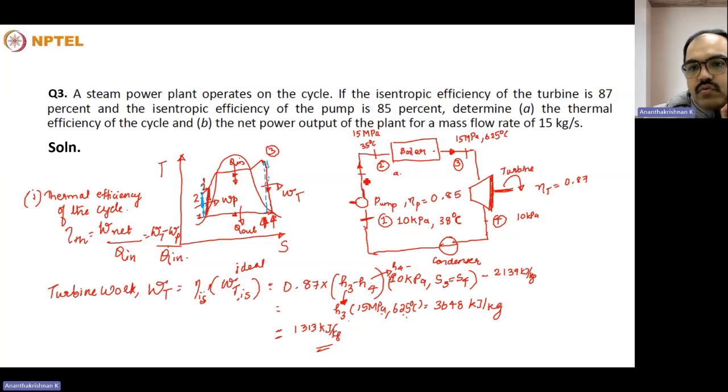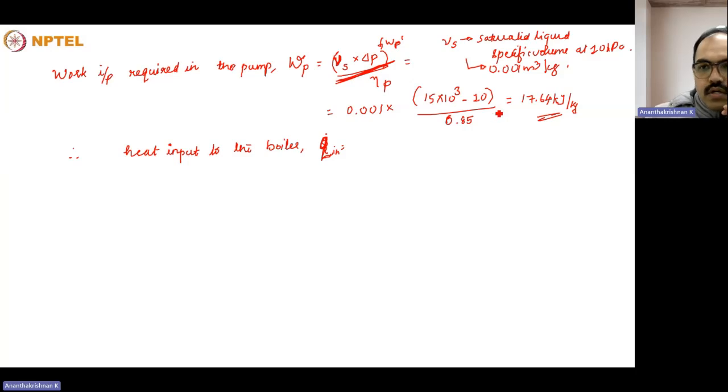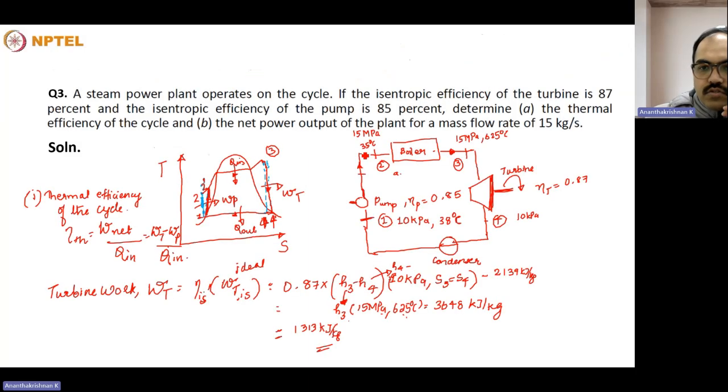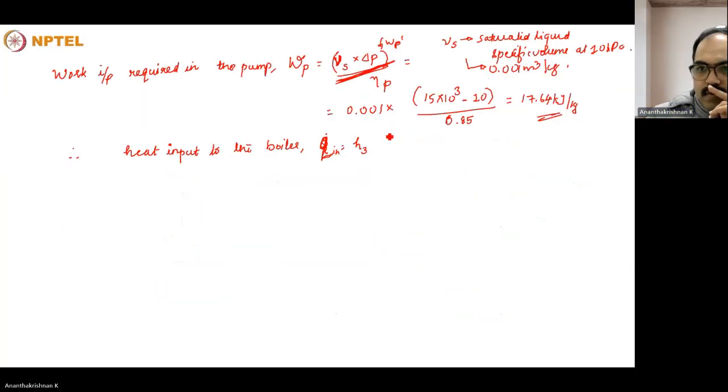But the point H2 is the isentropic point where the enthalpy we need to calculate. So the heat input in this case will be H3 minus H2 dash. We do not know the state point H2 dash right now.